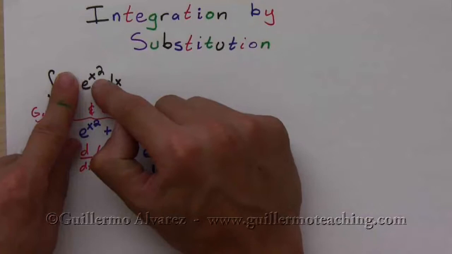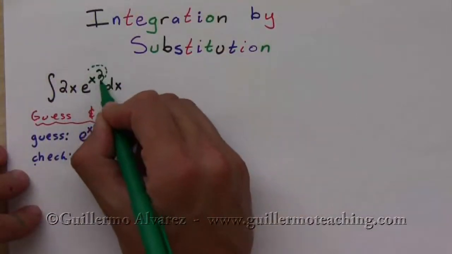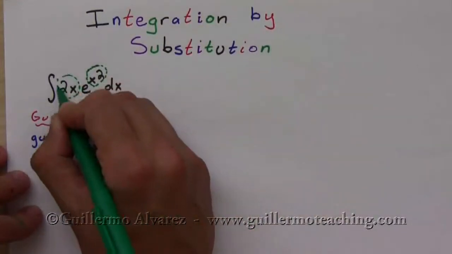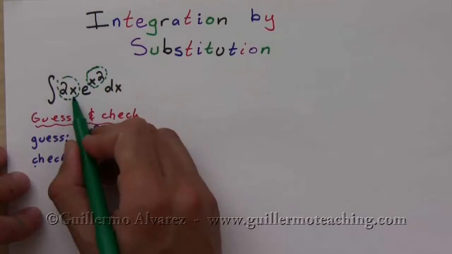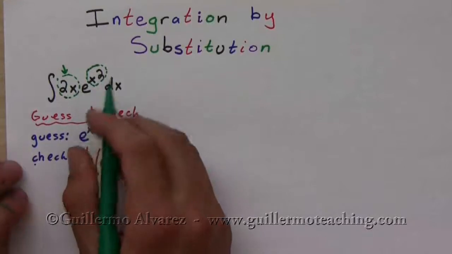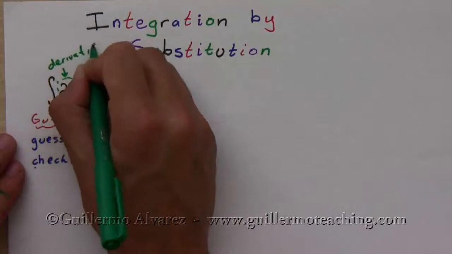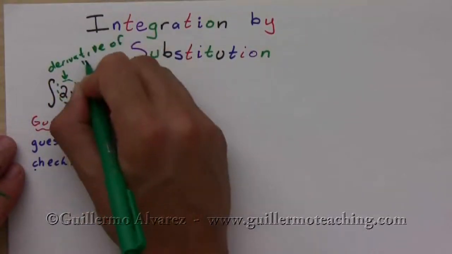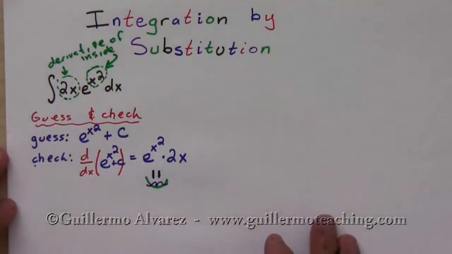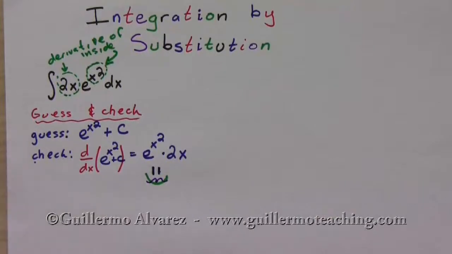Notice that the derivative of the inside of the exponential function is actually on the outside of the exponential function as well. So this is the derivative of the inside, which is right there. This gives us some clues.